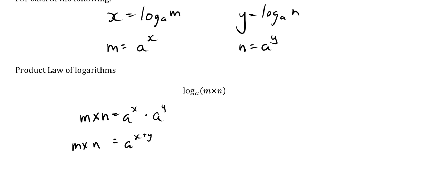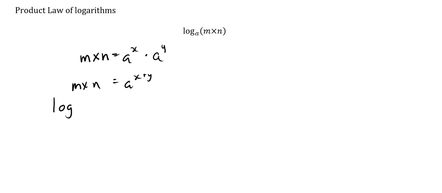Well, maybe it's not obvious, but we're going to take the log of both sides. Okay, so this is log to base a. So this becomes log base a of the whole left side, m times n, equals log base a of a to the exponent x plus y.